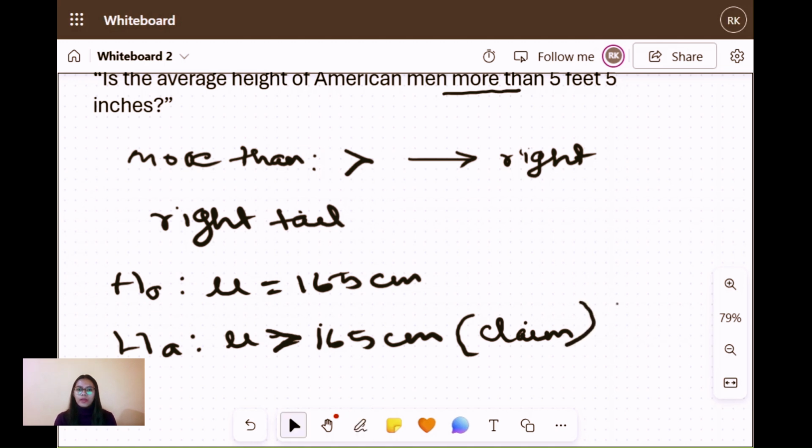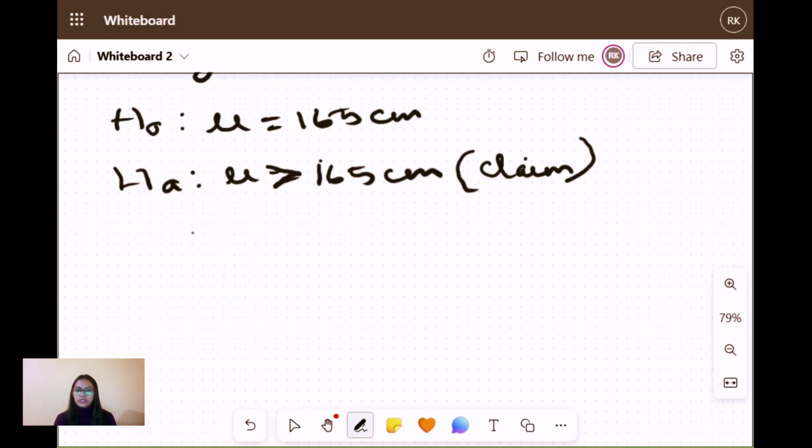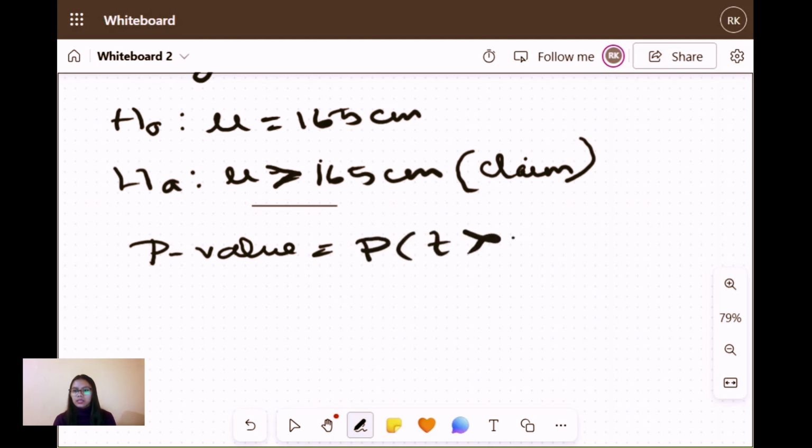Now how will we find the p-value? The p-value is based on the alternative hypothesis, because it has the greater than sign, so it has a one tail p-value. In such cases, what will the p-value be? Probability t greater than plus t, and if we have a negative t statistic, that also gives us probability greater than minus t.